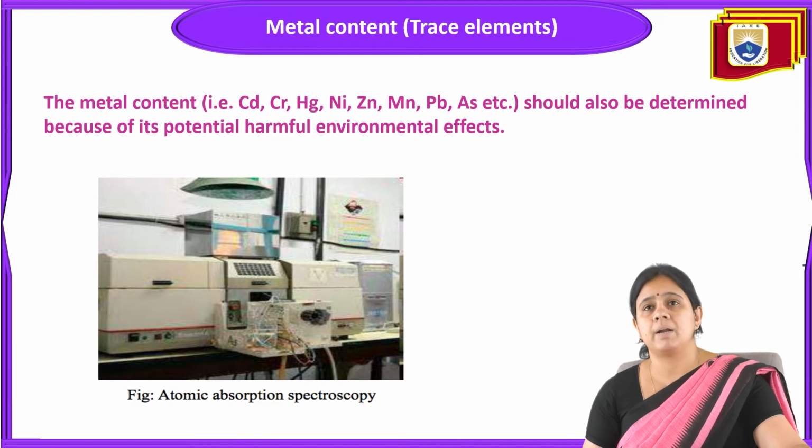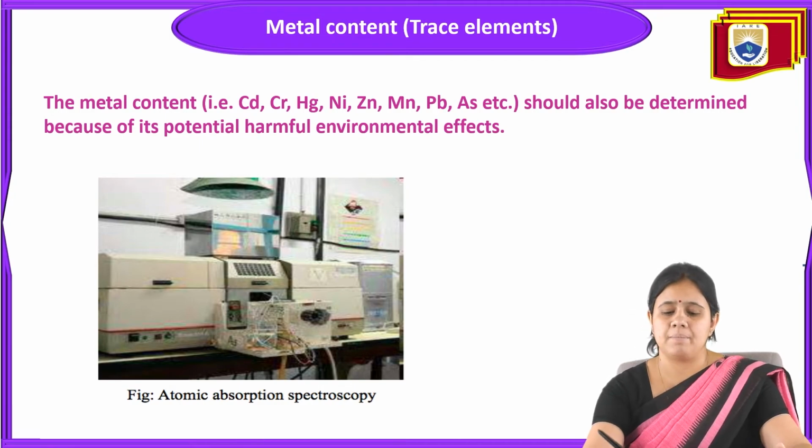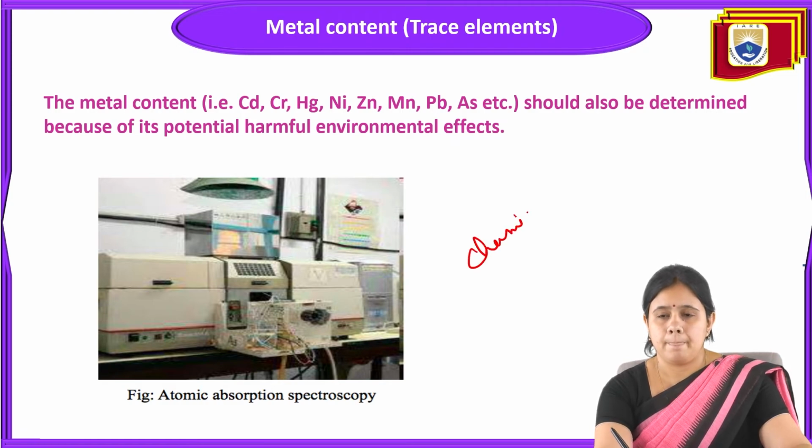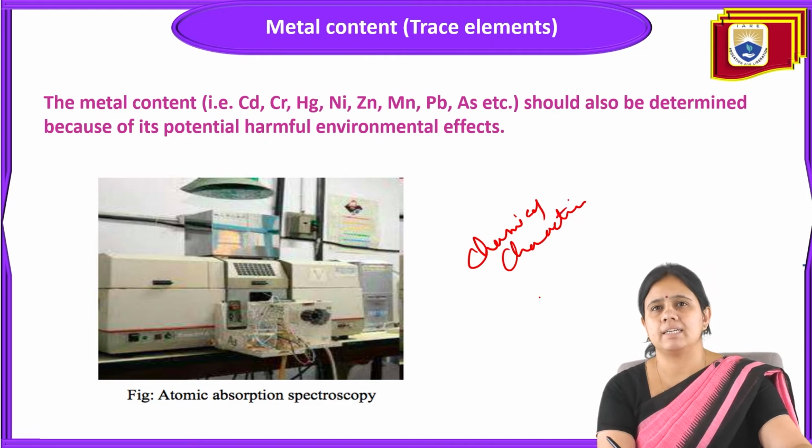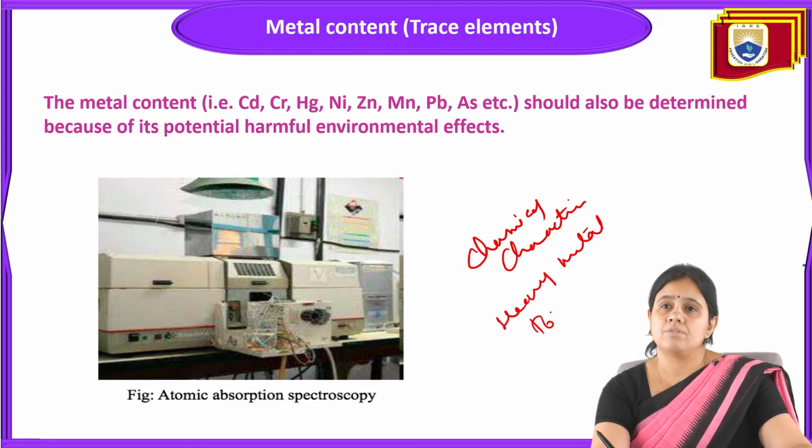Next is the metal content. Total metal content in the waste also comes under the chemical characteristics. These metals are heavy metals, or we can say toxic metals.